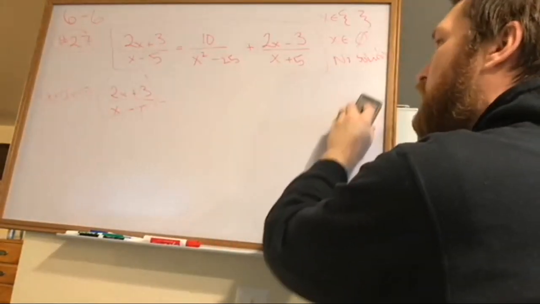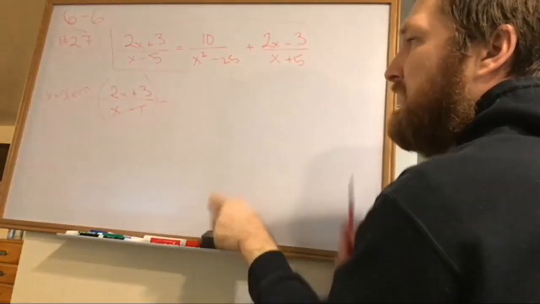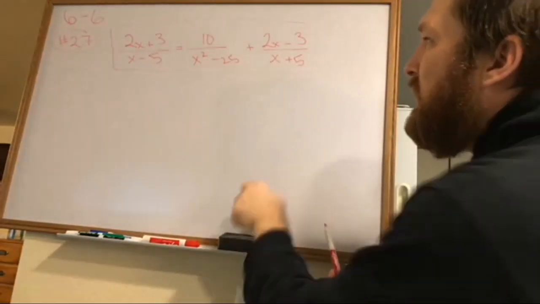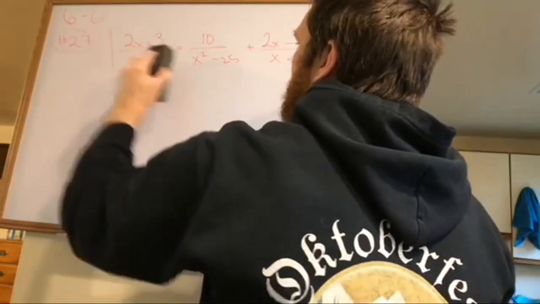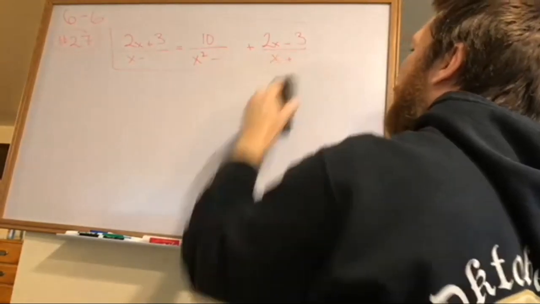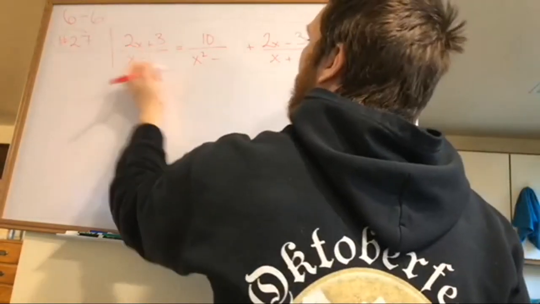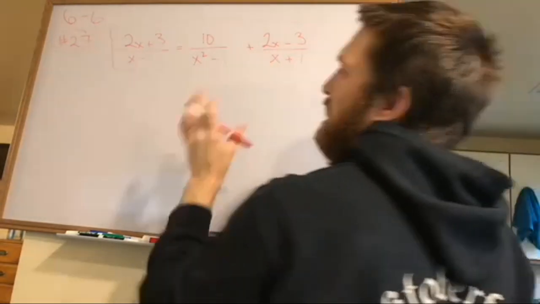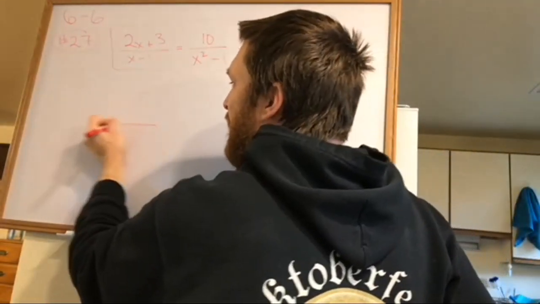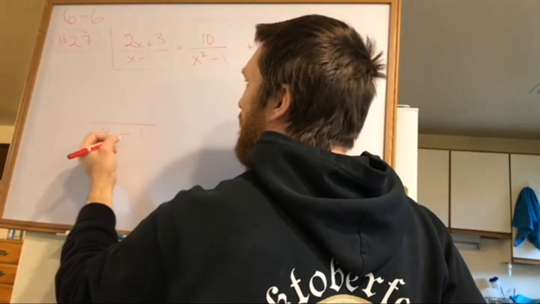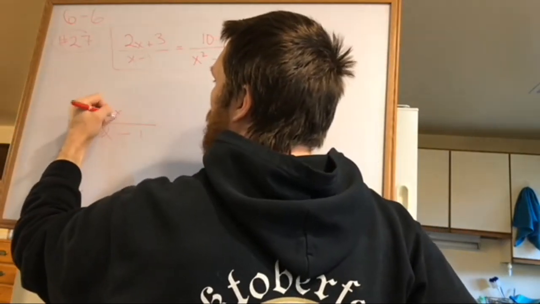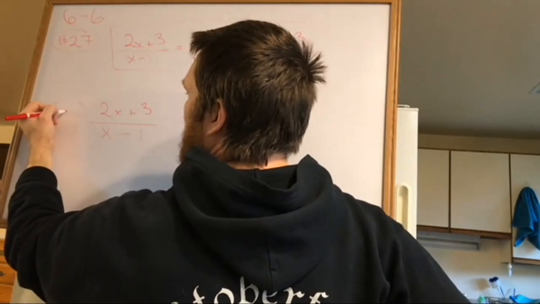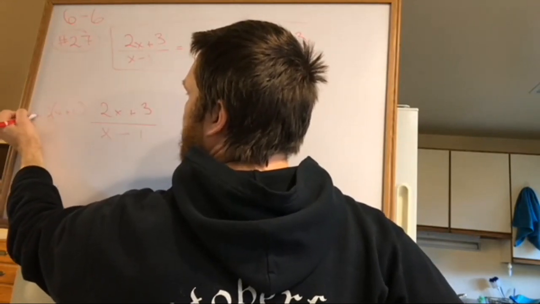The reason I wanted it redone, and because I did want to talk about this, is that when you originally did this, oh man, I erased everything I wanted to talk about. All right, well, we had this right here. When you originally did this, you had something like x minus 1, and then you had 2x plus 3, and you said, okay, we have an x plus 1, x minus 1.